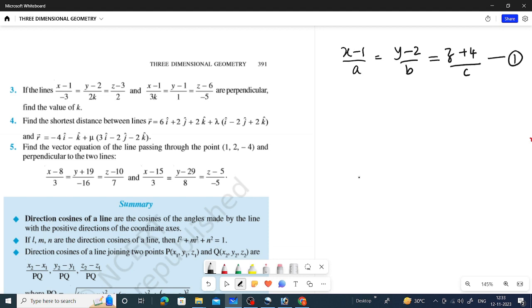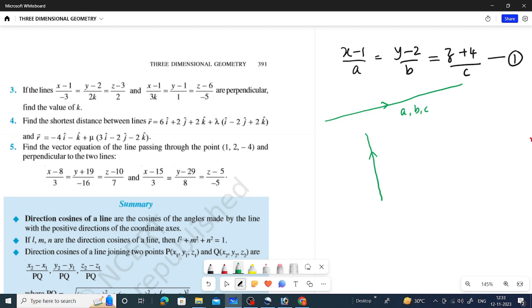Now this line is perpendicular to the other two lines. So this is our line. Our line direction ratios are a, b, c. This is our line, and this line is in space and it is perpendicular to the other two lines.